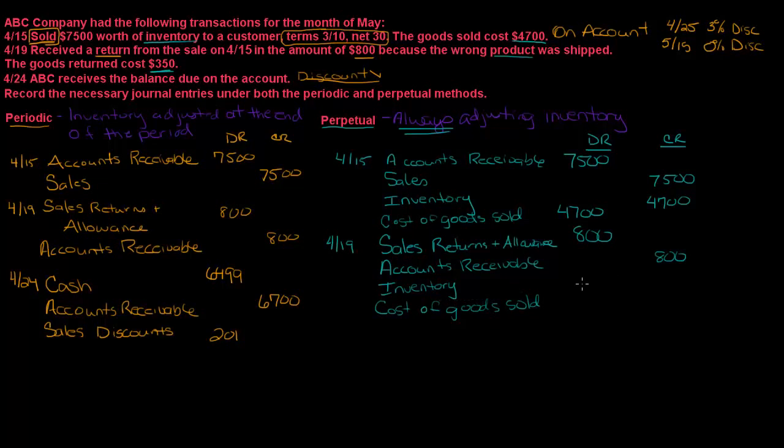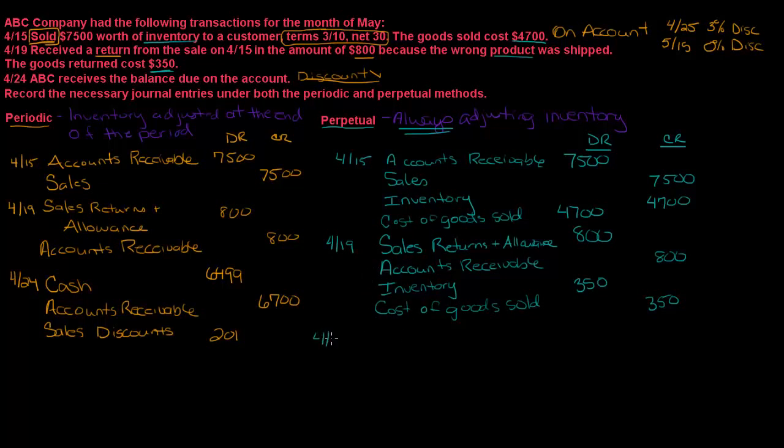My inventory is going to go up $350 and my cost of goods sold is decreasing $350. So again, it's like two separate transactions: the return and the adjustment to accounts receivable, and then the inventory.